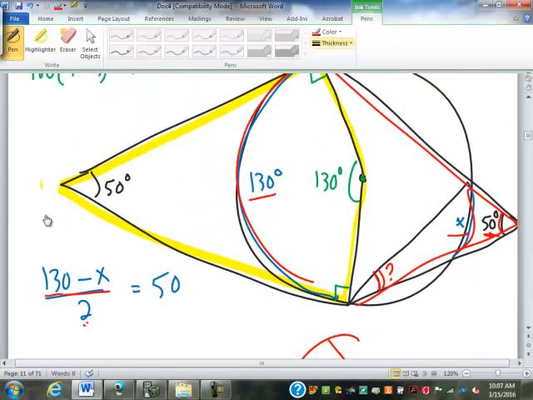So if I solve that, I multiply by 2 and then subtract 130 and divide by -1, I get that x equals 30 degrees, correct? So that is 30 degrees here. So that means that this has to be 15.